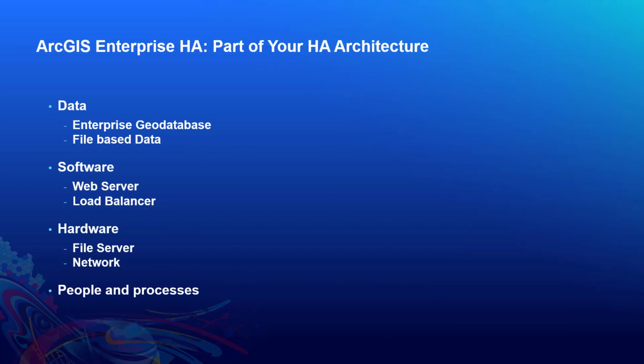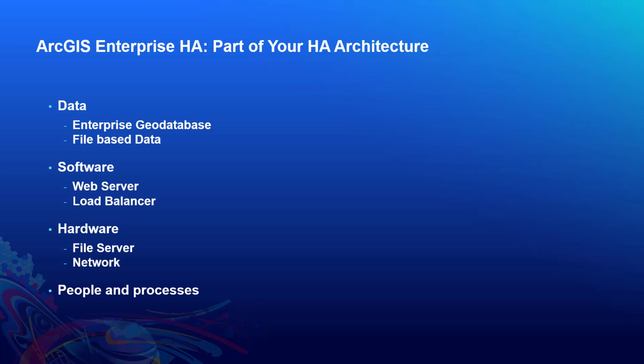And as I said in the beginning of this session, it's not only that you have all the software that you need to be HA. Well, there's a lot of other parts of the deployment and parts of your system that also need to be highly available. For example, is your data highly available? Do you have an enterprise geodatabase that is replicating data to either hot or warm standby?